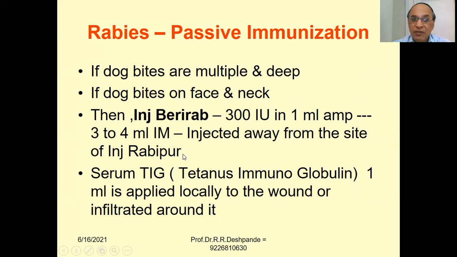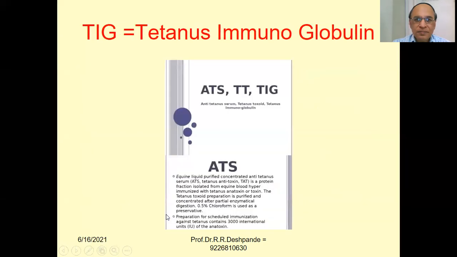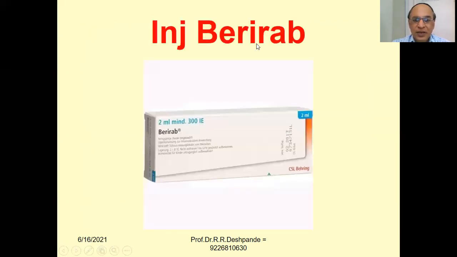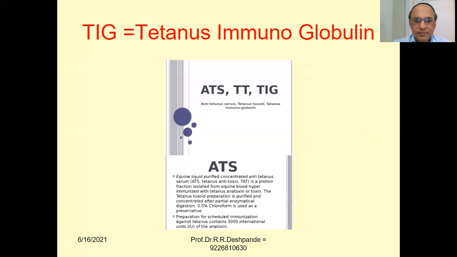This injection is given in addition to the Rabipur injection. Remember this thing. Serum also, TIG, tetanus immunoglobulin, 1 ml is applied locally to the wound or infiltrated around the wound.